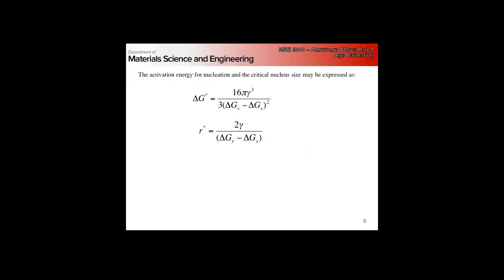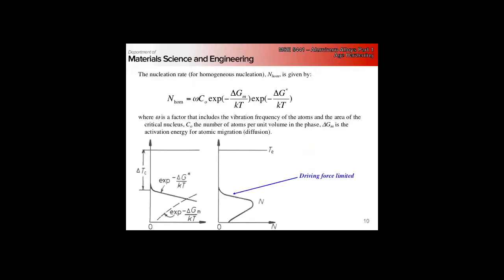So understand the general picture. For nucleation rate, we have a driving force limited term, which is the degree of undercooling. The larger this becomes, the higher our driving force, but if we lower the temperature too much, we don't have sufficient mobility.